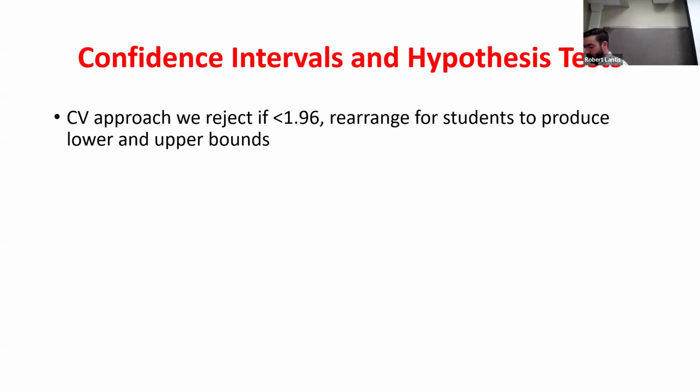So say I have this true mean here. I go 1.96 standard deviations to the left, to the right. If I were to do a hypothesis test here, notice this is always going to be a z-value of negative 1.96.